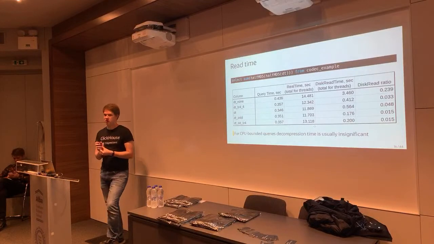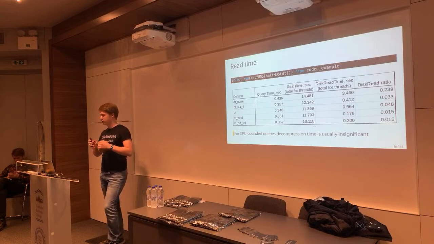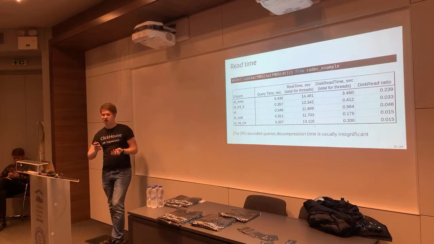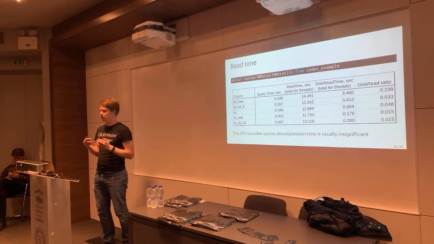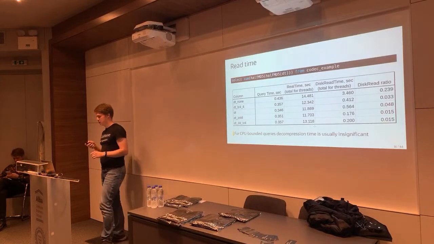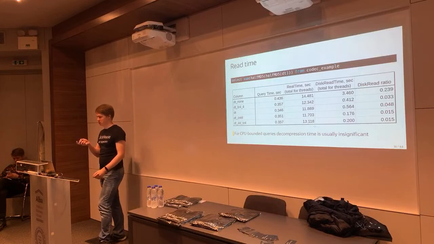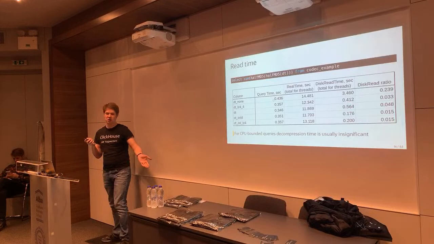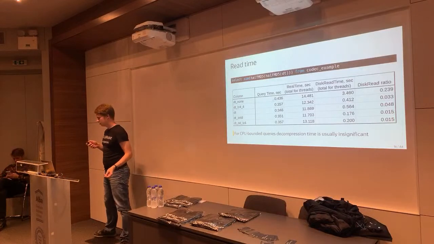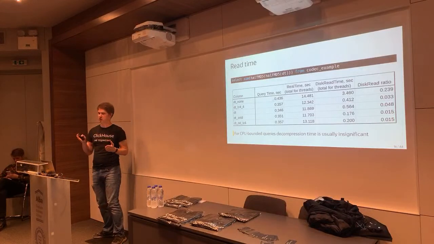So it is not significant right now. If your query is CPU bound, then compression does not take a lot of time. But if you do not use compression, your query will still be slow because it could still be I/O bound. So it's actually a pure win for ClickHouse.